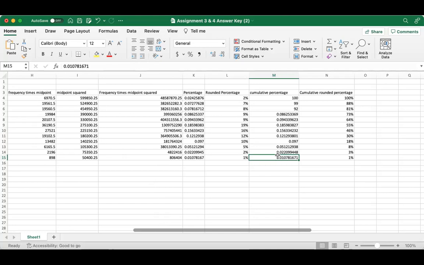So you just take all of these, highlight them all. Conditional formatting, new rule, format cells that contain cell value equal to, type your number, 68, format, pick a color, say okay, say okay.